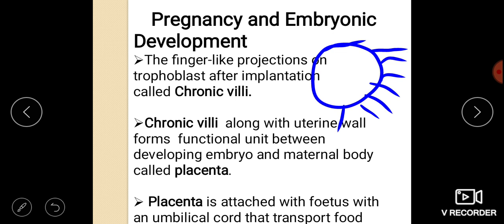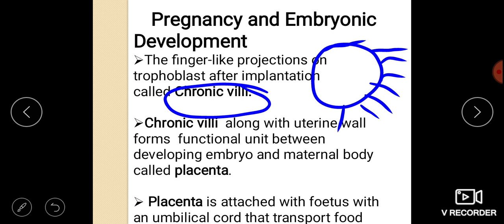The mother's body also gives a response, and as a result a tissue is formed between the embryo as well as the mother. We call it the placenta. Now these finger-like projections are called the chorionic villi.